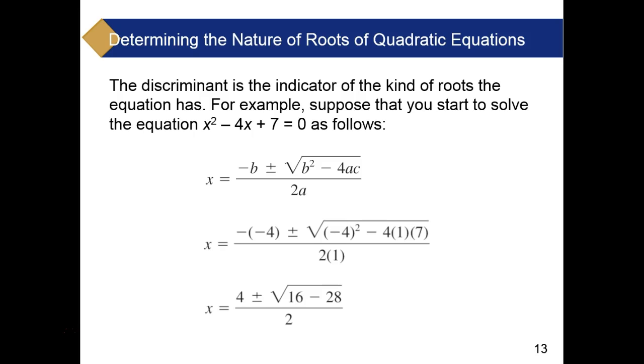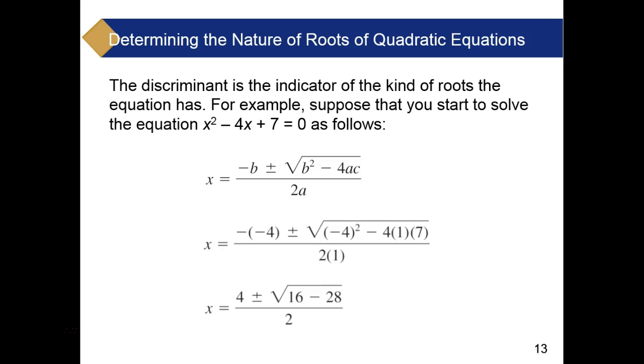So, as you already gave me the quadratic formula, you just plug it in. Minus b, which would be a minus a negative 4, which becomes a plus 4, plus or minus the square root of that negative 4 squared minus 4 times 1 times 7, 1 times 7, ac. Okay?